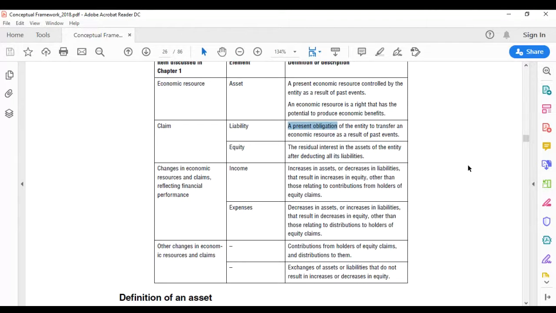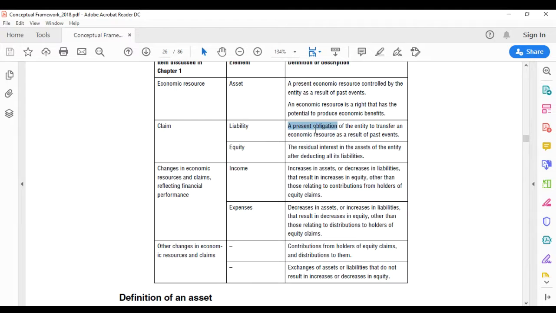So they sign a contract or an agreement with a supplier that they're going to purchase something next year. But that is just a future commitment. It is not a present obligation. They do not owe the money for the stuff they're going to buy next year, even though they've committed themselves to buying it next year.